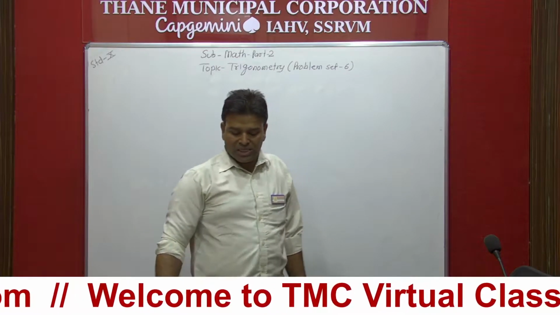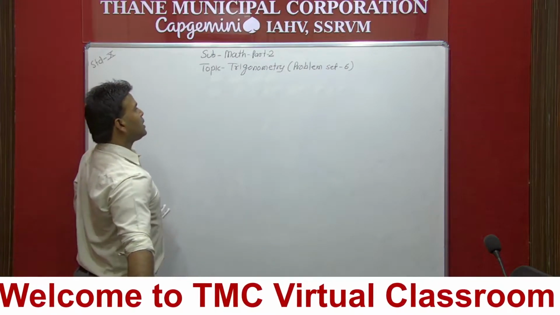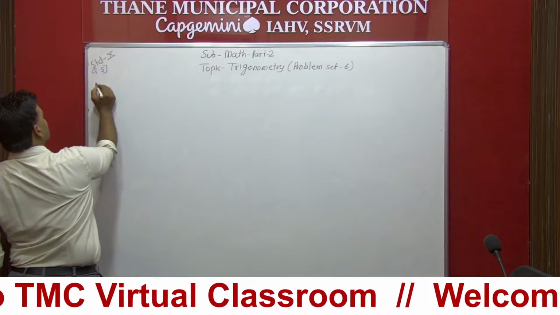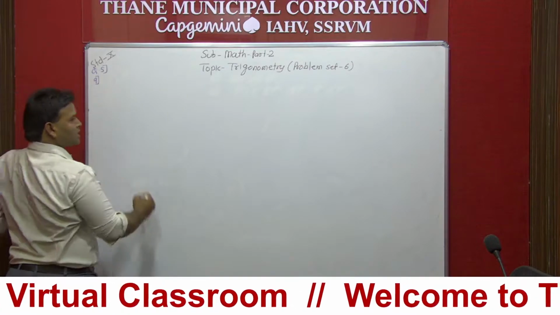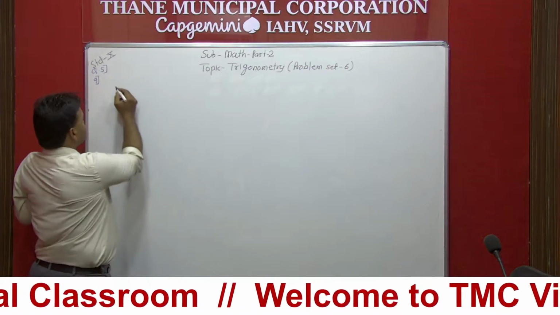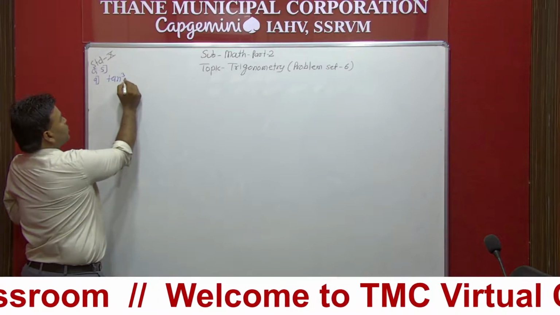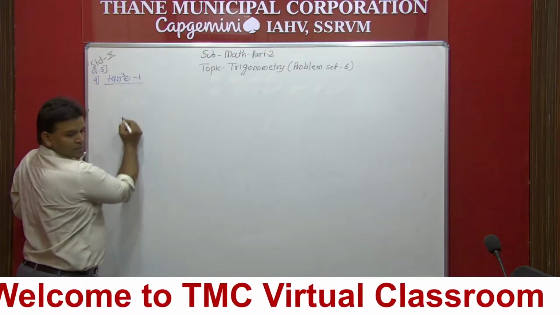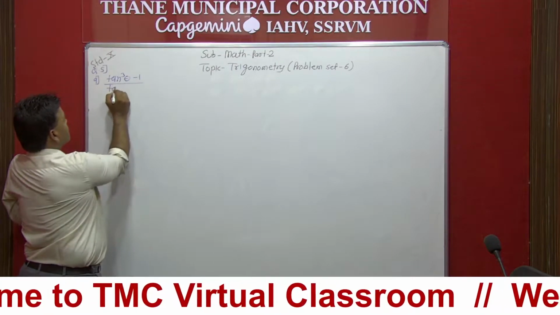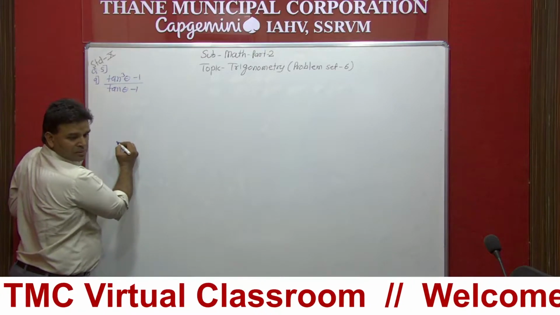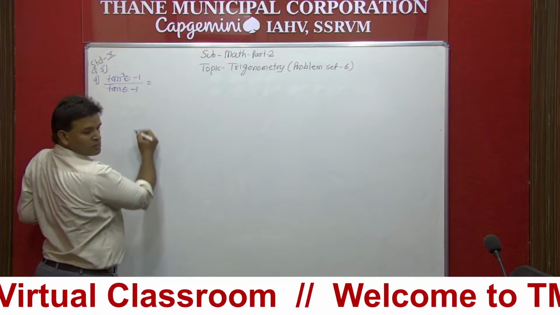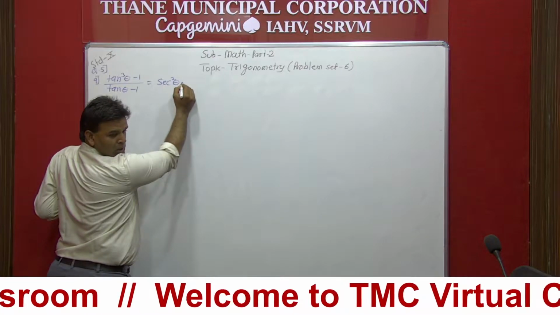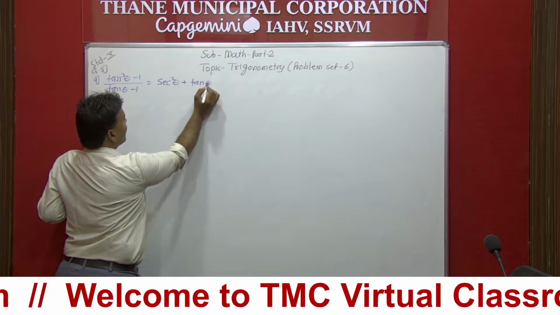So let's begin with question number 9. Question number 9 is tan cube theta minus 1 upon tan theta minus 1, that is equal to sec square theta plus tan theta.